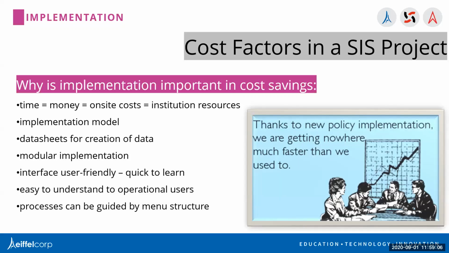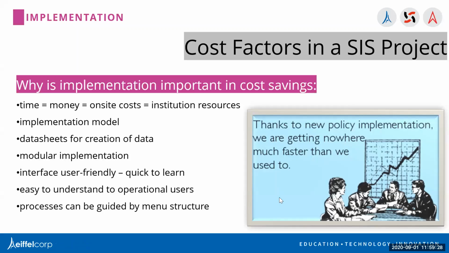So every day that the implementation of your system takes longer than necessary, it costs you money, it costs you resources, it costs you on-site travel allowances, so there's a lot of recurring costs or rollover costs that come from the implementation of the system project.